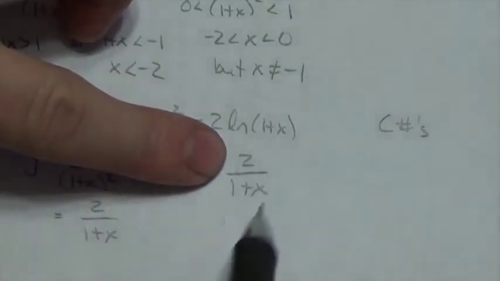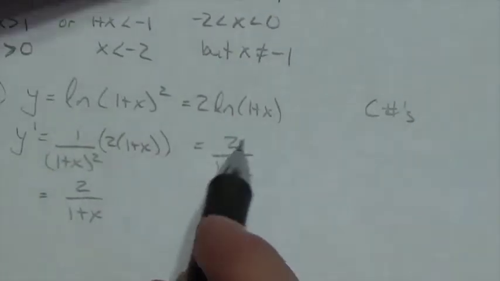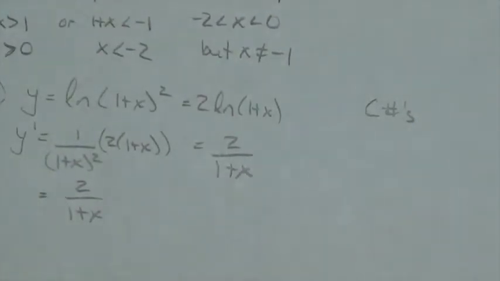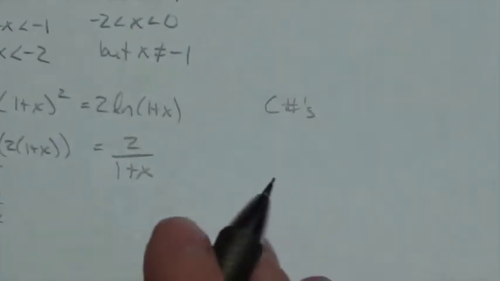Well, this thing is undefined at negative 1, but if I go up here, I've already established that x can't be negative 1. And because my numerator is 2, well, 2 isn't 0, and I know that's an obvious thing to state, but it's important to recognize that 2 isn't 0, so this thing actually never goes to 0. So it neither goes to 0, nor is there a critical number because it's undefined someplace.